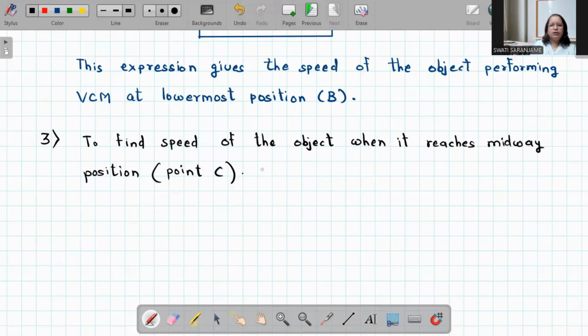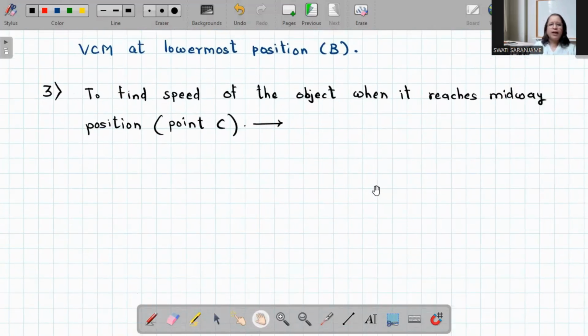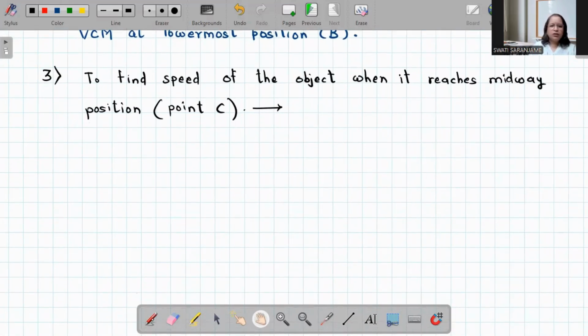For our reference, instead of going back to that previous page, here again I am drawing a rough figure just to have a look at the midway position, the lowermost position and the highest position. So if this line represents the lowermost and uppermost, let's show the points also.